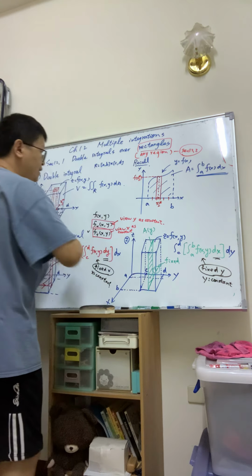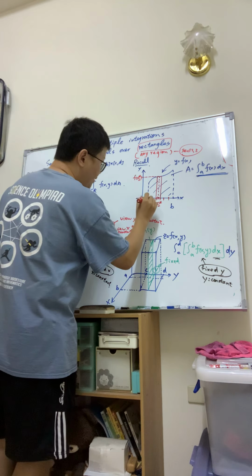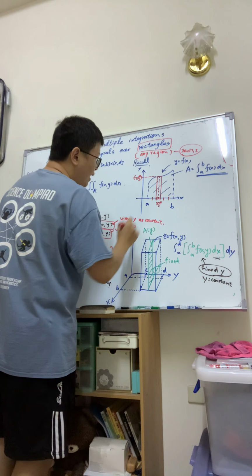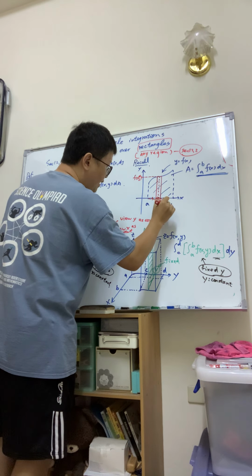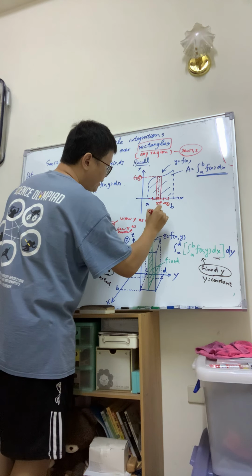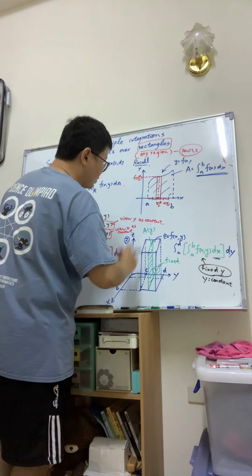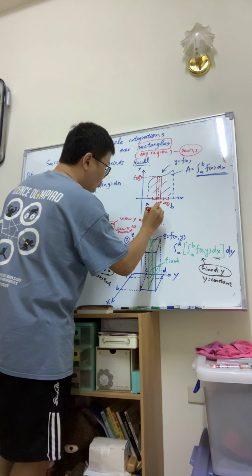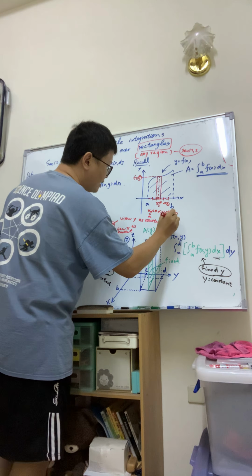The definition is that we divide it into n subintervals. And in each subinterval, it has the width delta xi. So we have x0, x1 until xn, and x0 is our a, xn is our b.